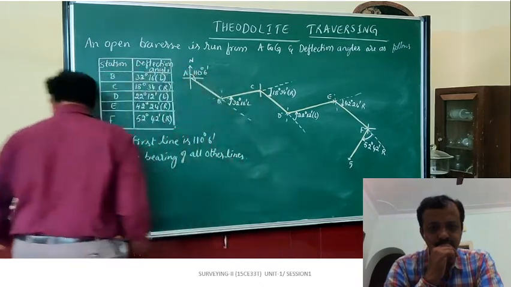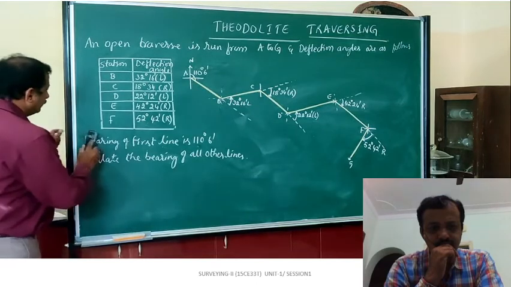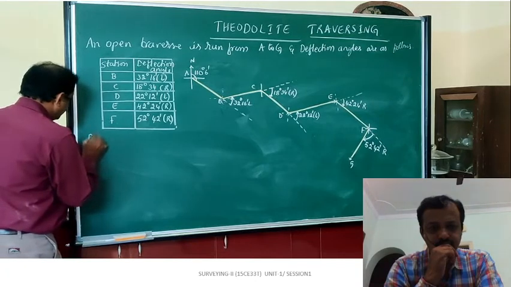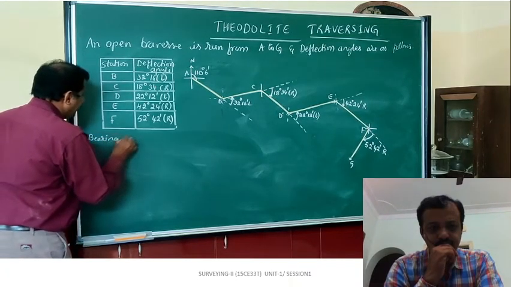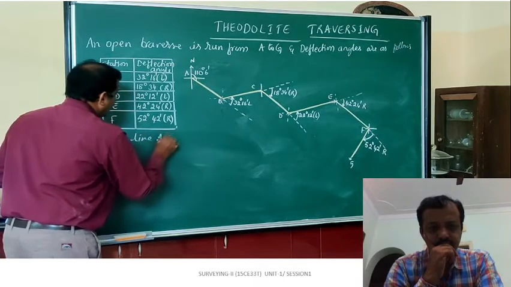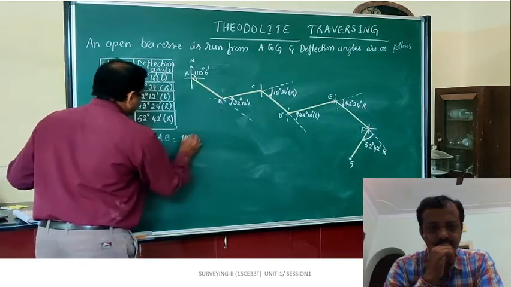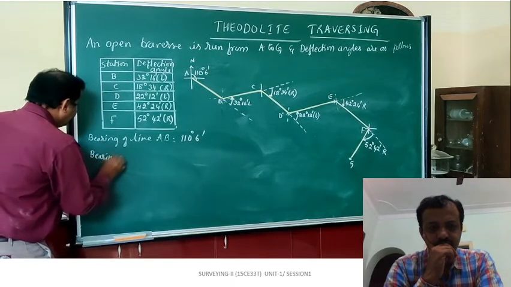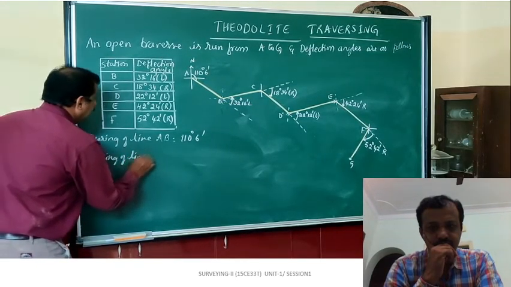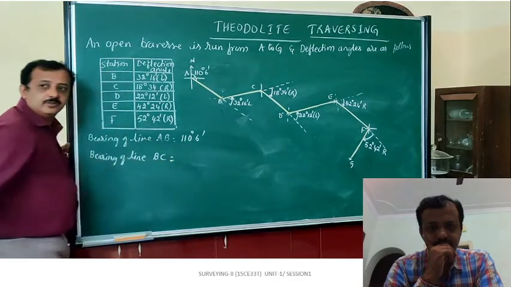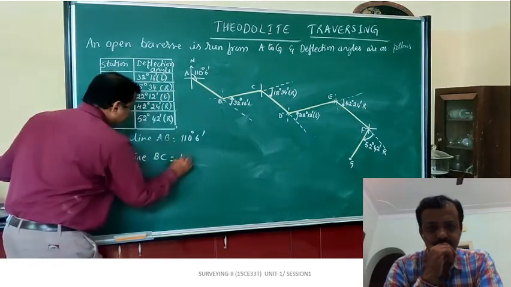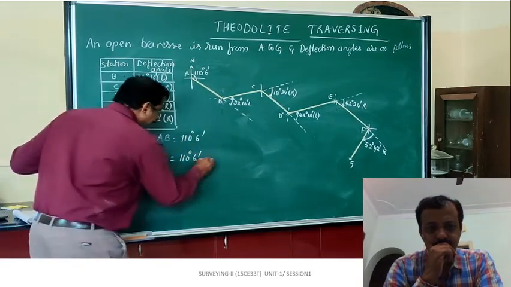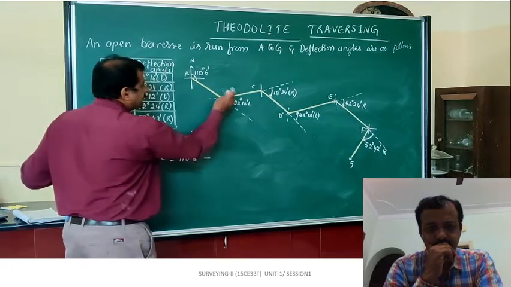Then bearing of line BC will be equal to the bearing of line AB, already given, which is 110 degrees 6 minutes. Listen here, this 110 degrees 6 minutes is the bearing of line AB, minus the deflection angle to the left.